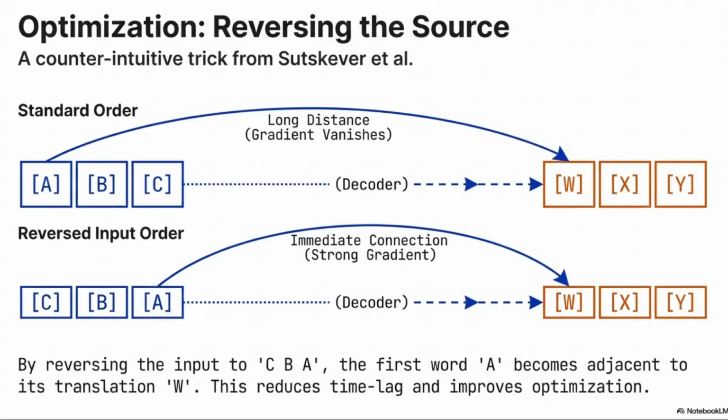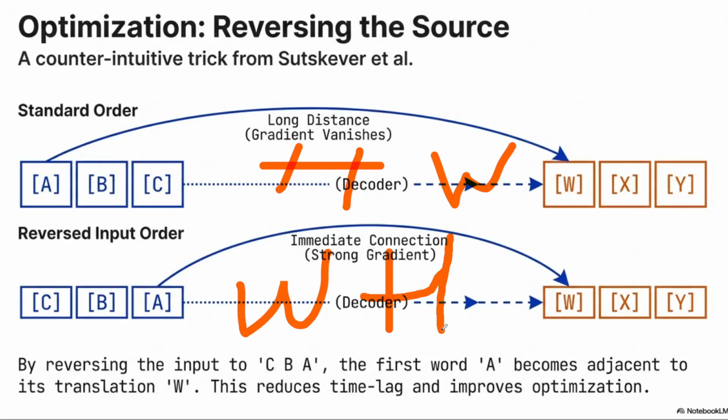So why do we do this? This places the last word of the input immediately adjacent to the first word of the output. So hello world, and then here we're going to put world hello. This forces the last word to be adjacent to the first one.